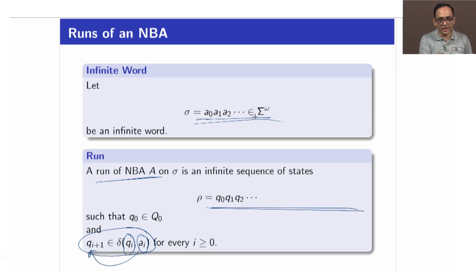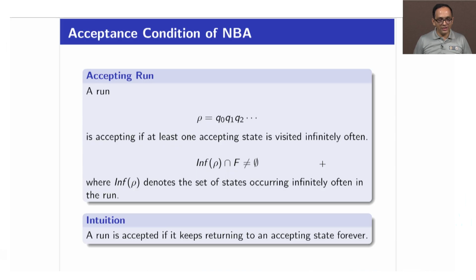That will be the infinite word corresponding to an infinite run. Since you have non-determinism, for every alphabet symbol you can have multiple transitions, so for every word you can have many runs. We have defined that at least one of the runs is accepting, that means it is visiting the final states infinitely often.